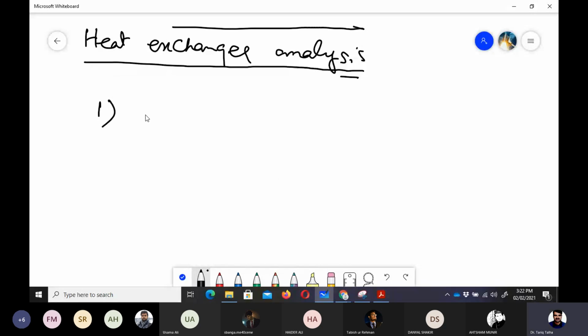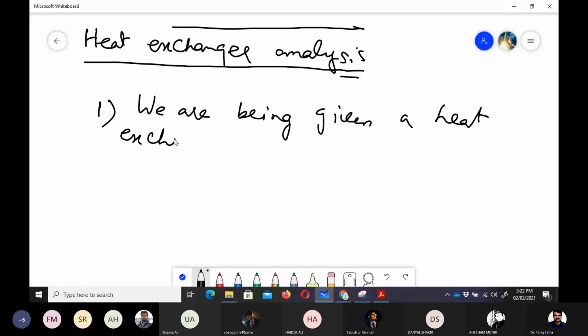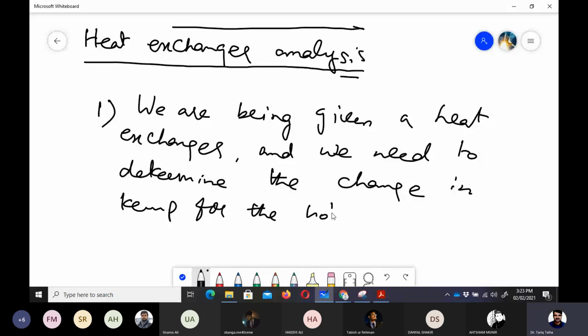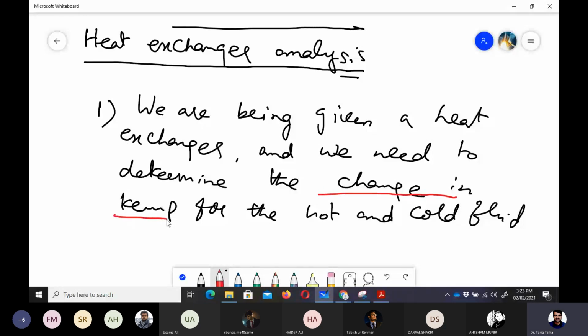Option number one: we are given a heat exchanger, or we can buy it from the market for that matter, and we need to determine the change in temperature for the hot and cold fluid for a given size of heat exchanger.